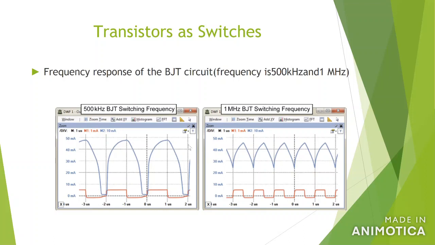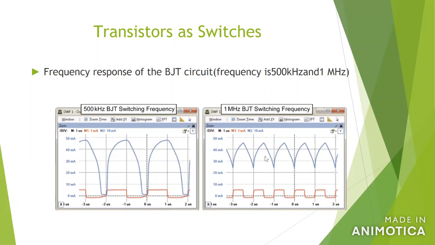And you can see the frequency response of the BJT transistor is not that good. When the input signal is only 1 megahertz, which is not a very high frequency, it loses the wave shape of the square wave.